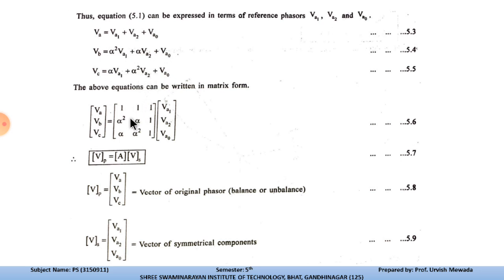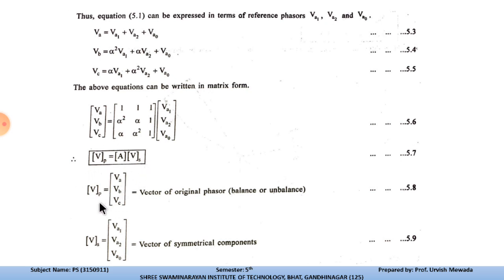This is the matrix that we form from the above equations 5.3, 5.4, and 5.5. Then VA0, VA1, and VA2 are the components of the given system. From that we can write the matrix V_p equal to A into V_s.